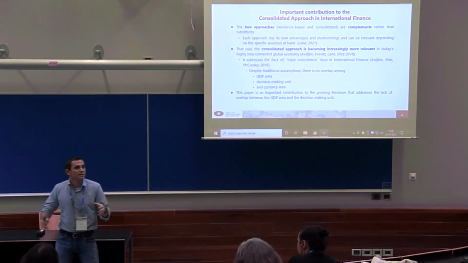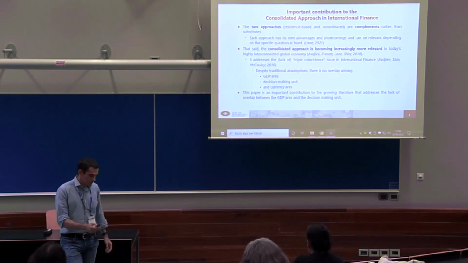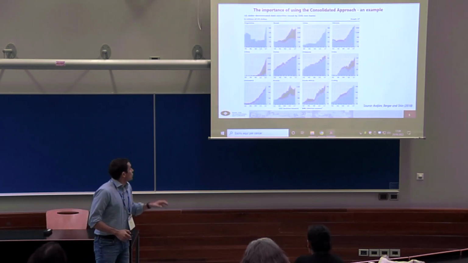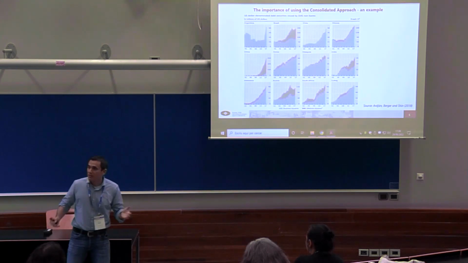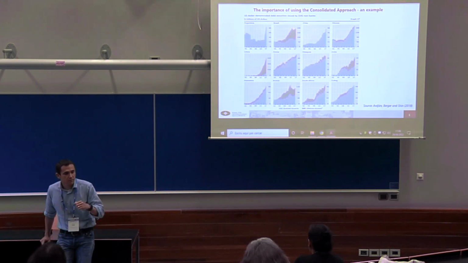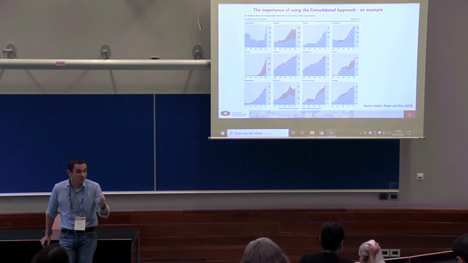The idea is that the decision-making unit tends to be more closely associated with the nationality of a given entity than with its residence. This is just a small graph, one of many we could have picked, that illustrates the importance of focusing on the consolidated approach for certain questions.